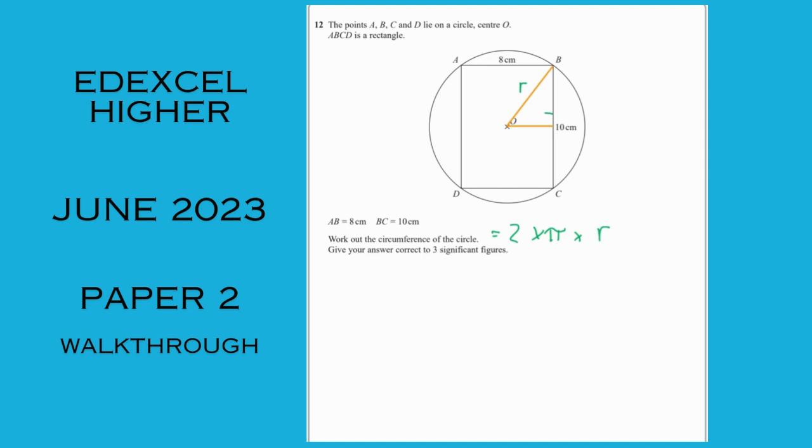It's hidden Pythagoras. So the height of this triangle is 5. The width of this triangle is 4. Let's do some Pythagoras. The radius. 4 squared is 16. 5 squared is 25. Added together, because we're wanting the longest side, is 41.